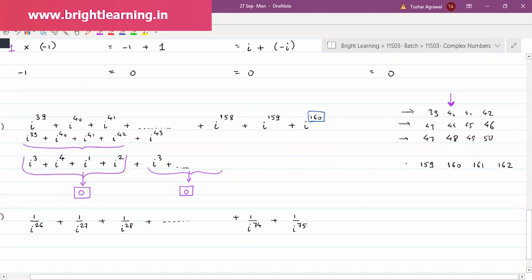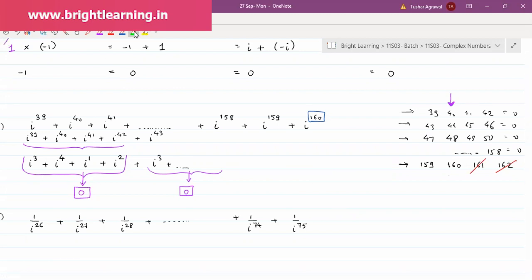This will be my last group, and the second last group will end at 158. So up till here the addition is 0, addition 0, addition 0. What remains is i raised to 161 and i raised to 162, which you have not been given. Those are the absent terms. So the only terms that will survive are i raised to 159, left alone, and i raised to 160, left alone.